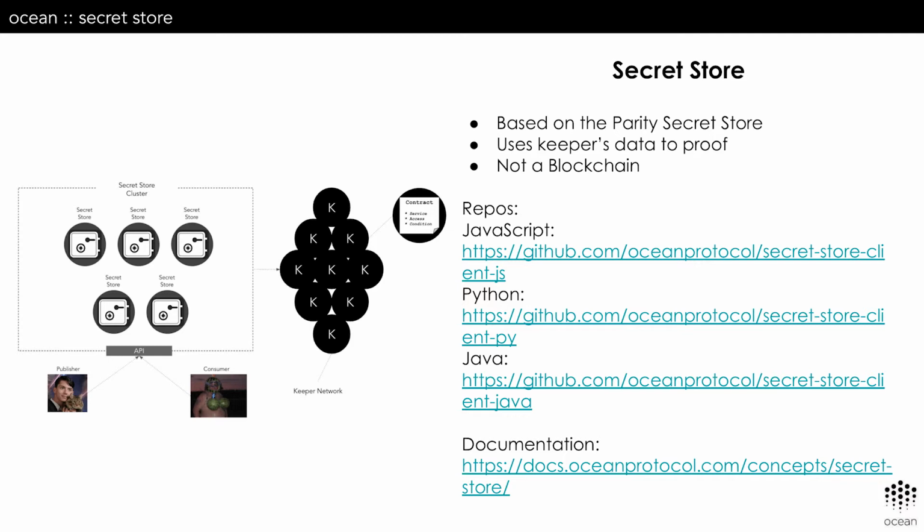We group those components by level, and the Keeper contracts and the secret store are level 1 components, which is the most basic components you can get. We are using the Parity secret store to store keys, and Keeper contracts are connected to that secret store.